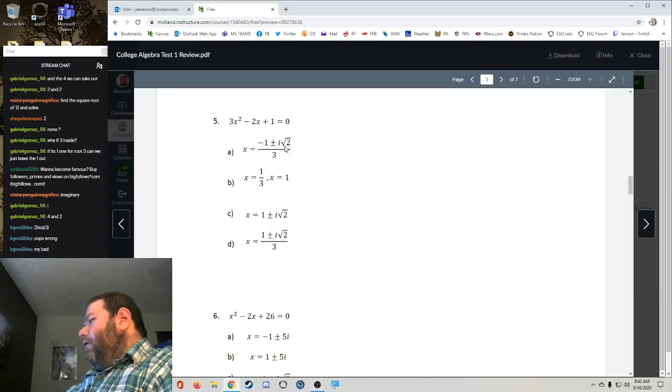Now you'll notice on the test, this particular problem is a multiple choice question, and so we find the one that matches the answer that we came up with, and we would enter D as our answer. Now, if D had ended up not being correct, or maybe we made a sign error and we picked A by mistake, thinking that this was a negative when in fact it should be a positive.